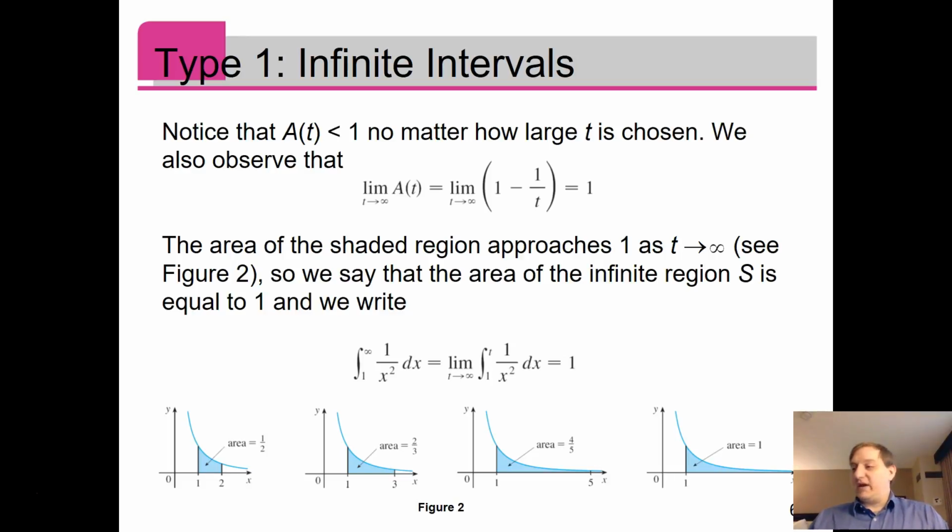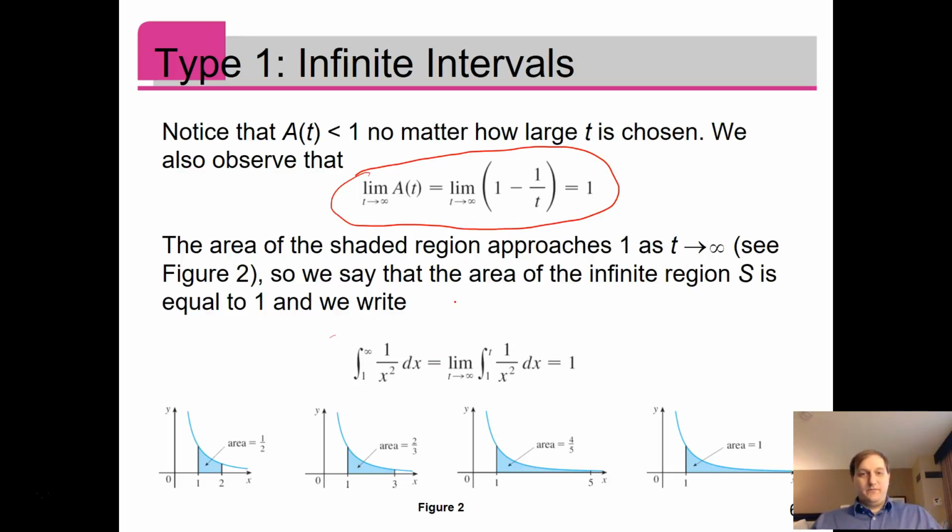The key here is the limit as t goes to infinity of A of t. As t goes to infinity, the area gets closer and closer to 1. The area of the shaded region approaches 1 as t goes to infinity. So we are going to define the area of the infinite region S to be equal to 1.